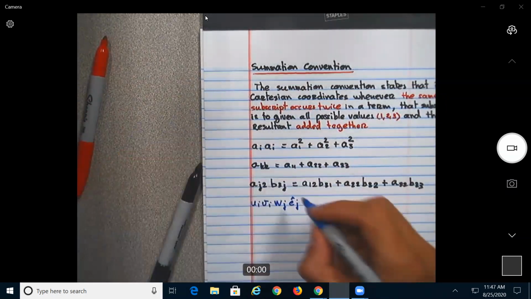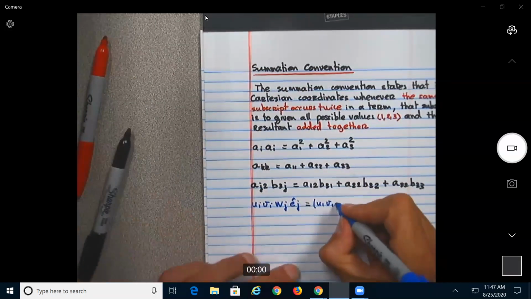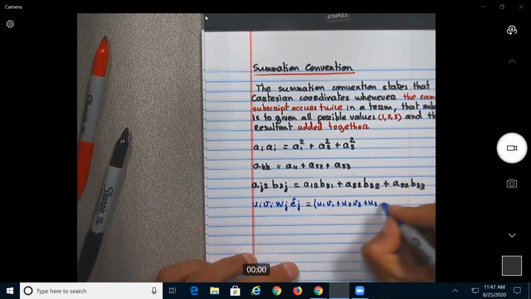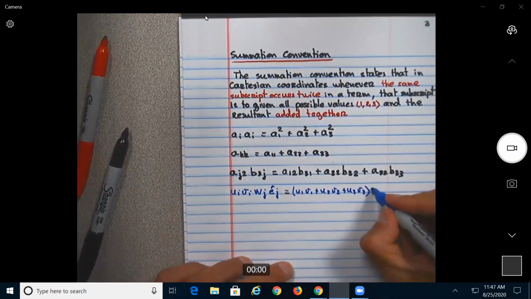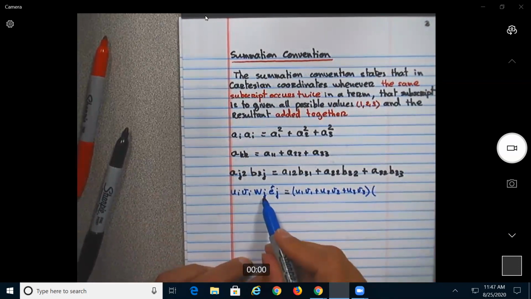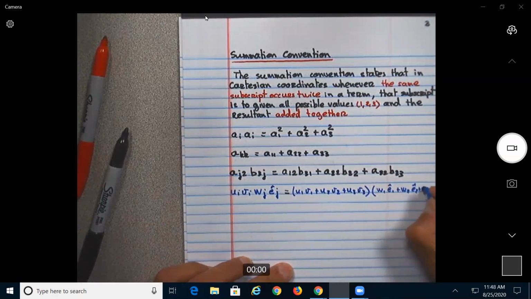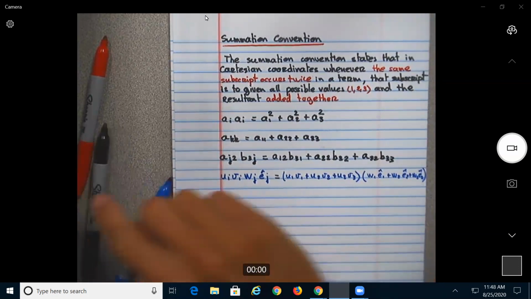This will give you u1 v1 plus u2 v2 plus u3 v3. Obviously, I'm not going to do all of it because I'm just going to do the same thing. And here will be w1 e1 plus w2 e2 plus w3 e3. Okay?